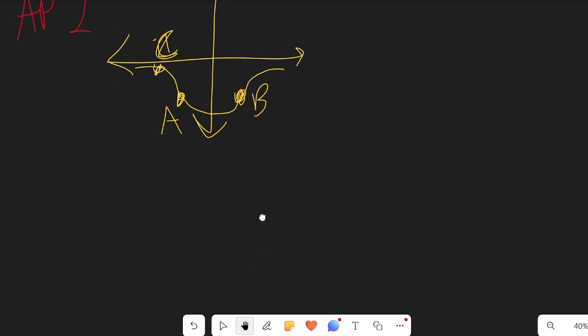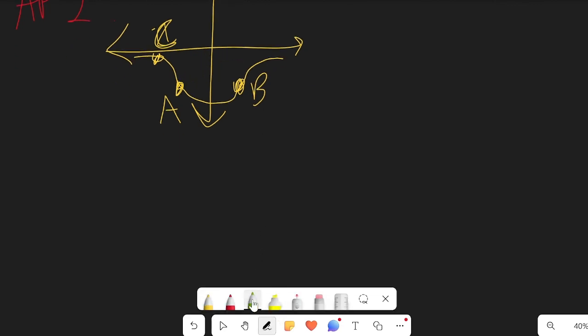So we rely on our fourth equation we learned last time: negative dV over dr equals electric field.